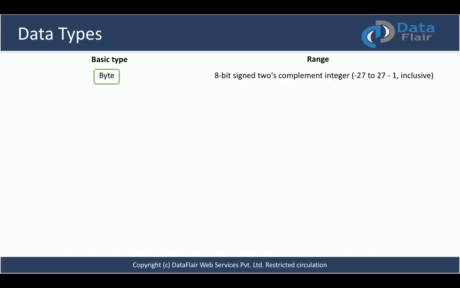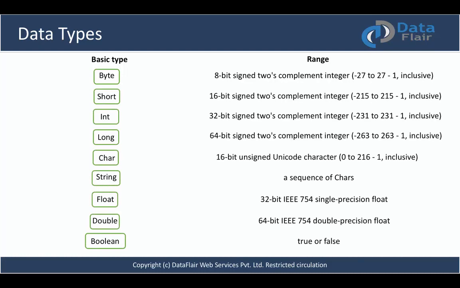Then we have the other Scala data types: short, int, long, character, string, float, double, and boolean. For short, we have 16 bits, I mean 2 bytes to store. Its range is, as you can see, -2^15 to 2^15 minus 1.